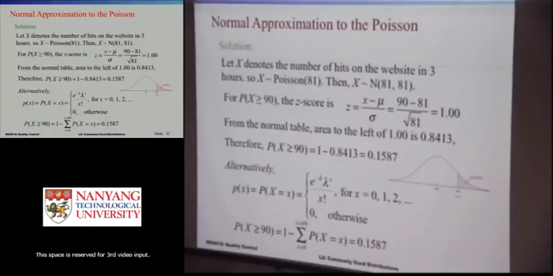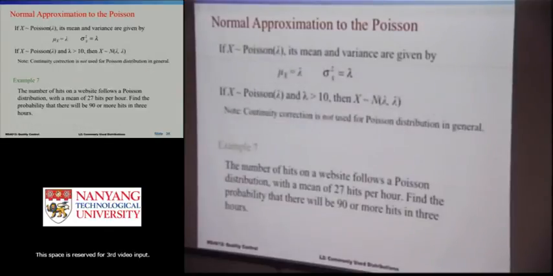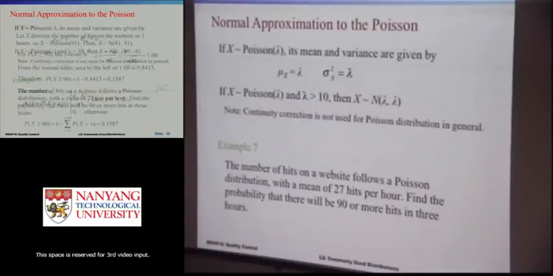Any questions? 1 hour is 27. Right? And 3 hours on average is 81. And because the average equals lambda, the lambda equals 81.